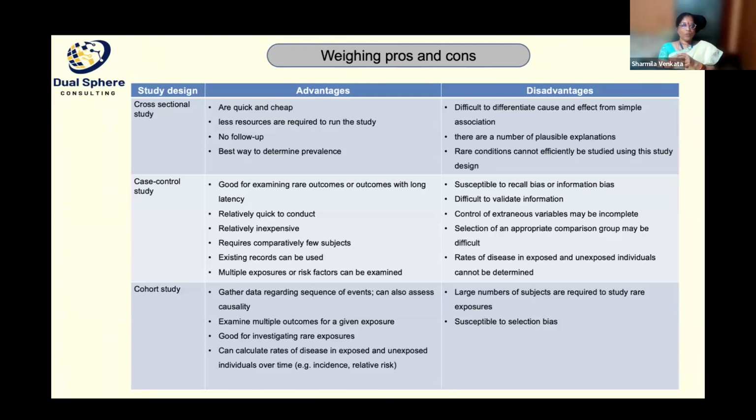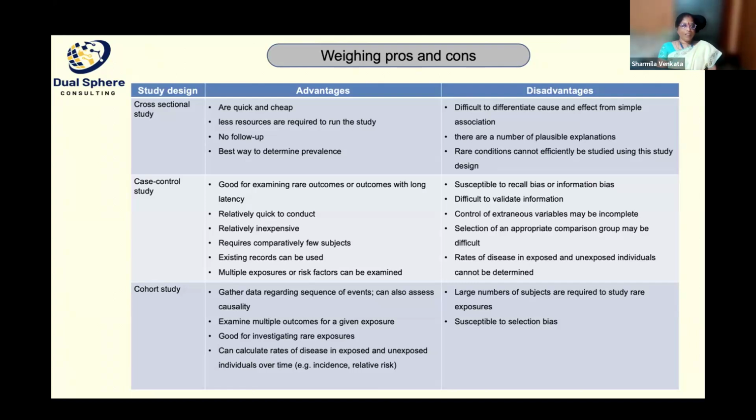If controls are not truly comparable, bias creeps in. Case control studies also cannot provide absolute risk or incidence rates. They can only estimate odds ratio. While case control studies are excellent hypothesis generators, their results always need cautious interpretation.